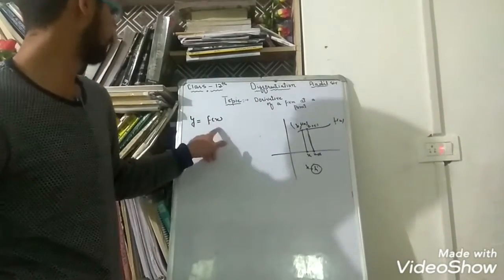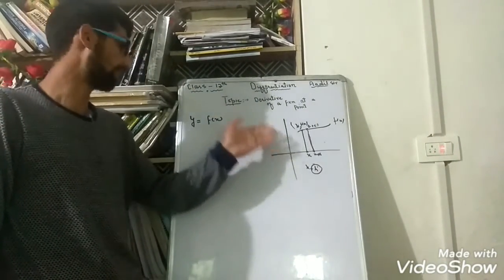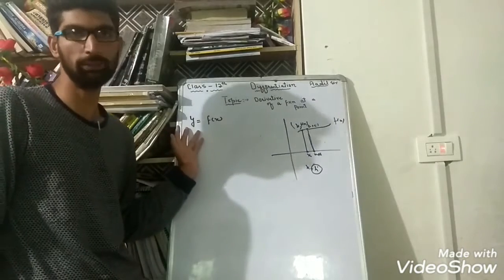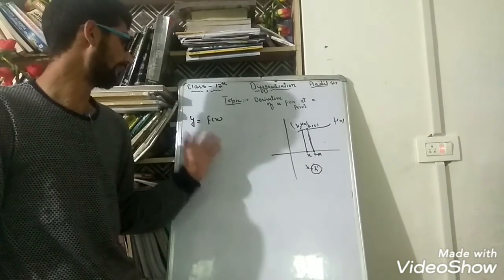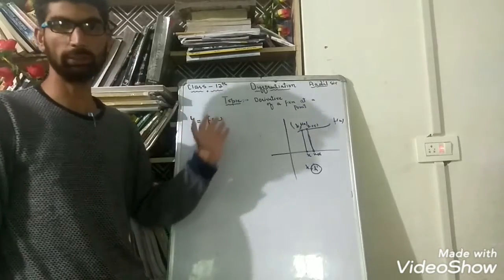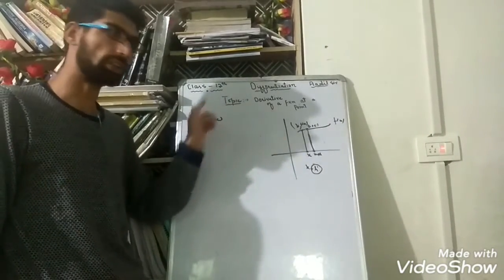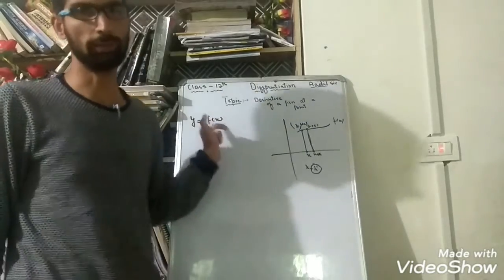So giving this increment to x gives a corresponding change to the variable y, so the increment of y depends on the increment of x. The smallest change in x is called the increment of x, and the corresponding smallest change in y is called the increment of y.